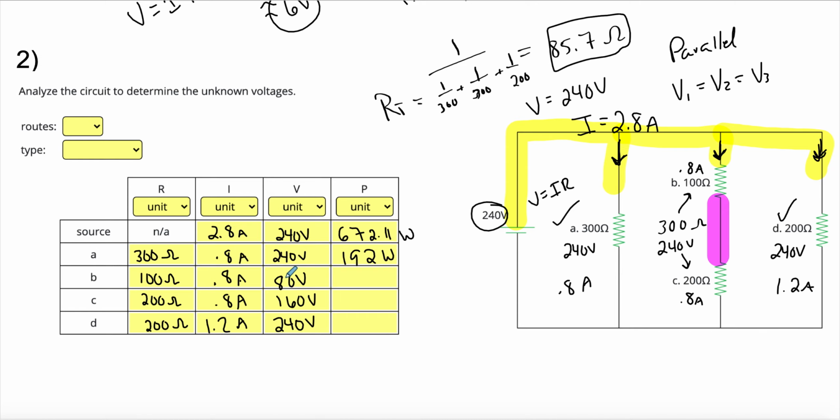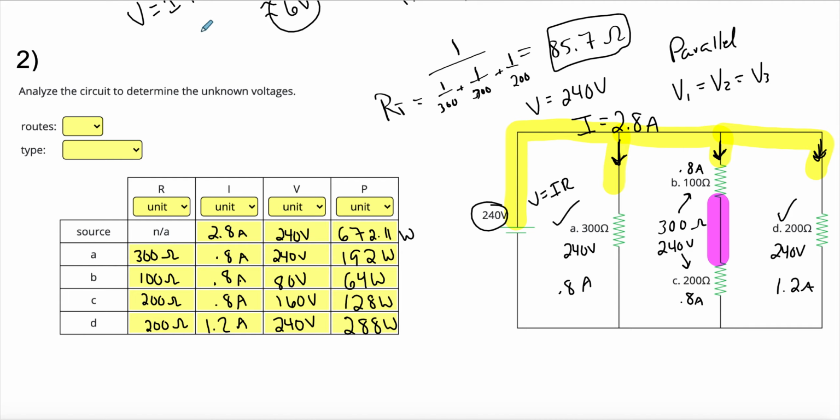And then 80 times 0.8, 64 watts. And 160 times 0.8, 128 watts. And then finally 240 times 1.2, we have 288 watts.